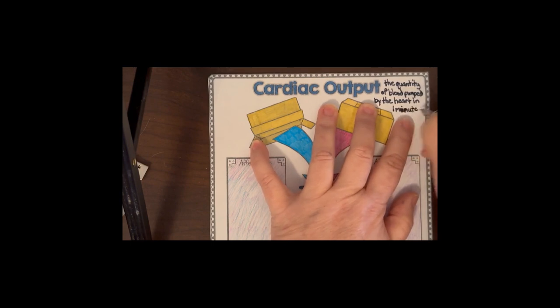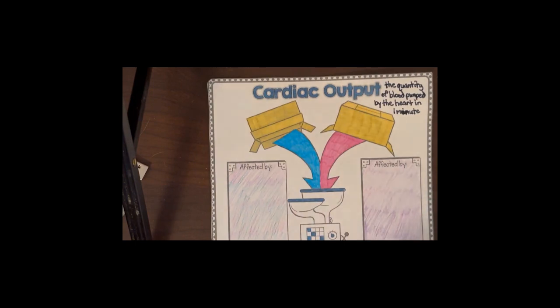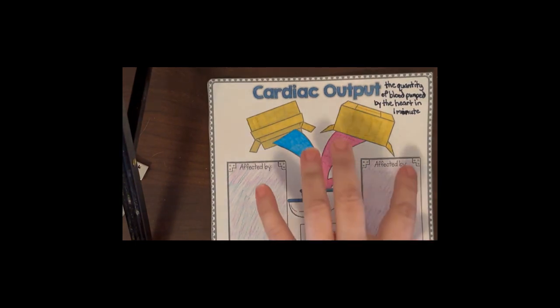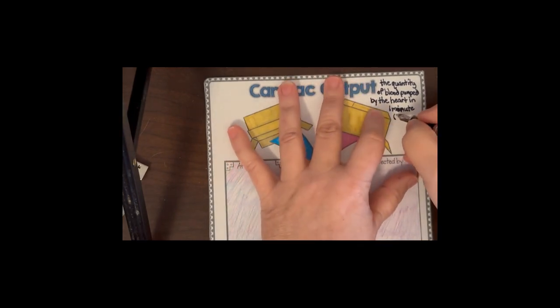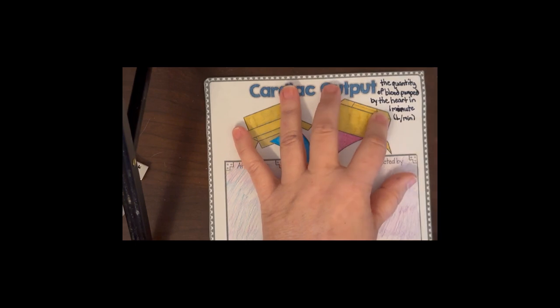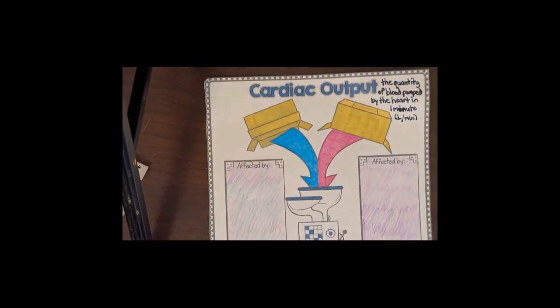Sorry, my handwriting got a little messy there, so it's the quantity of blood pumped by the heart in 1 minute. So we typically measure it in liters per minute. So that makes a lot of sense. It's pretty straightforward.